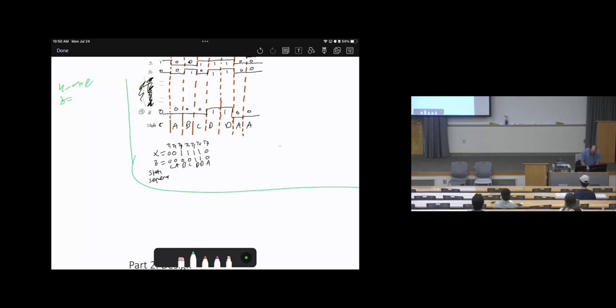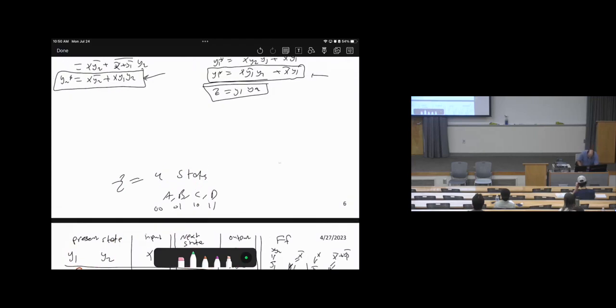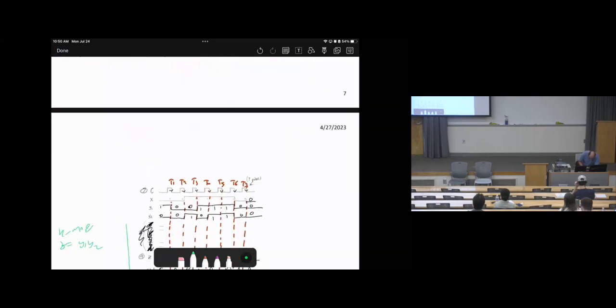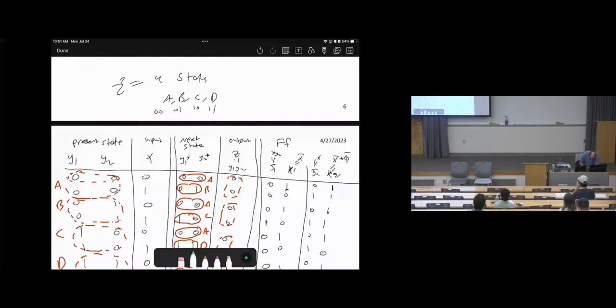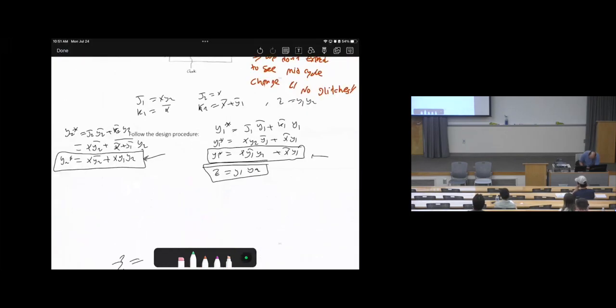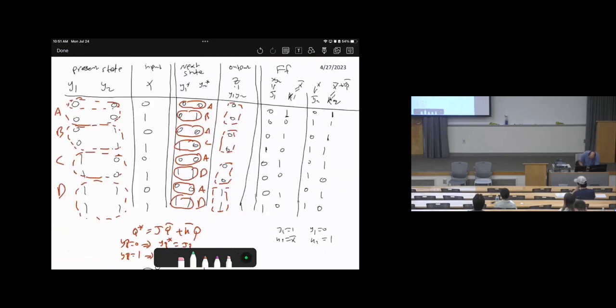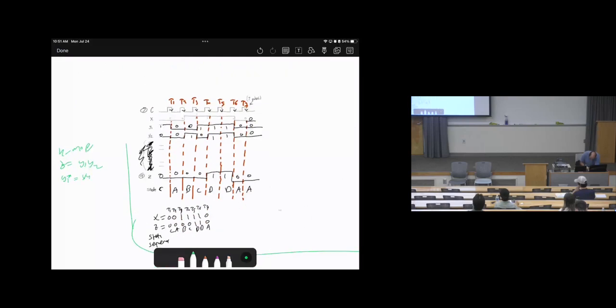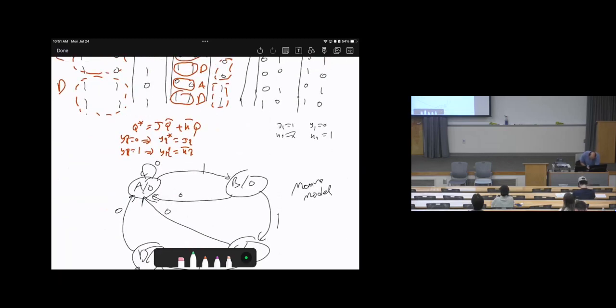So Z equals Y1 Y2. And we got Y1 star: X Y1 bar Y2 plus X bar Y1 Y2 bar plus X Y1 Y2.